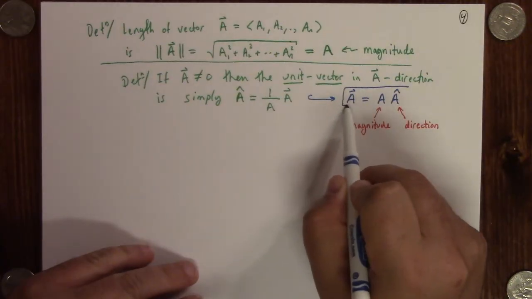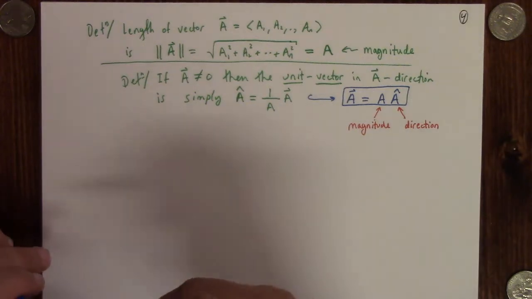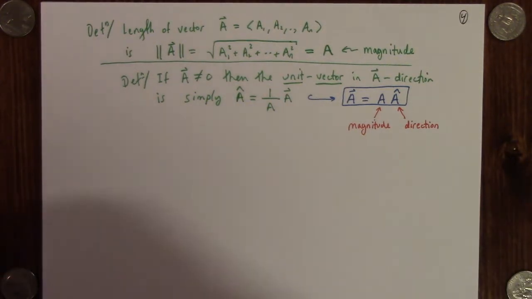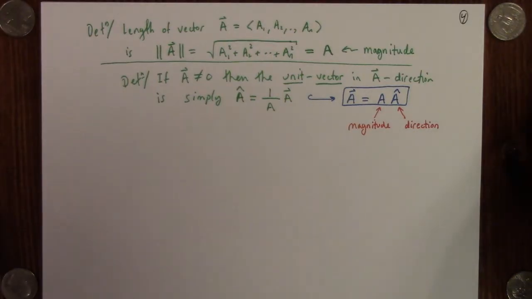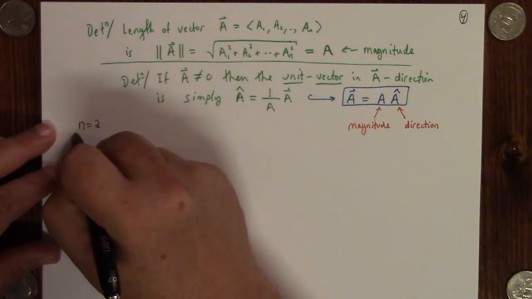Now, when we're in 2 dimensions, there are all kinds of special things that happen. Let's talk about n equals 2 for just a little bit. In 2 dimensions, we also can use the standard angle to characterize how the vector is pointing.